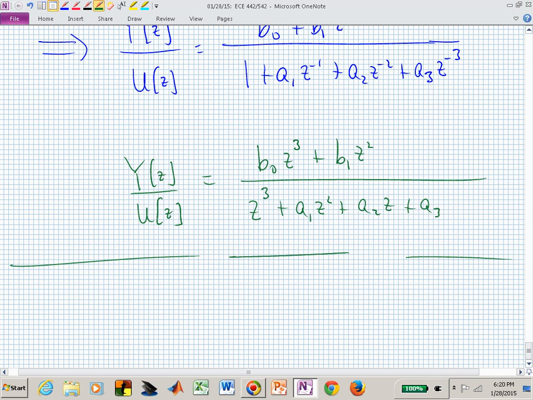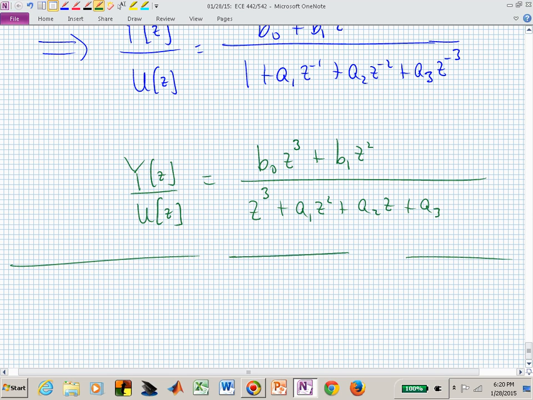Then you're thinking in terms of delays instead of advances. And you could then cross-multiply and go back into the time domain to obtain a difference equation based on a frequency domain model of your system.